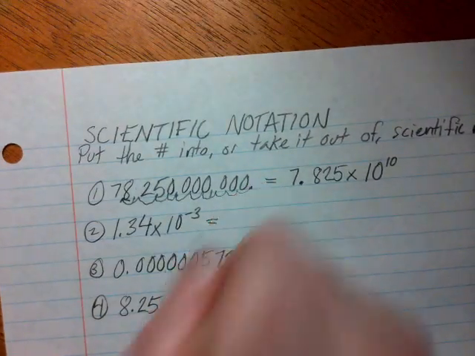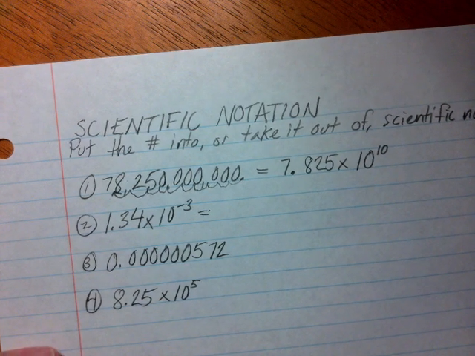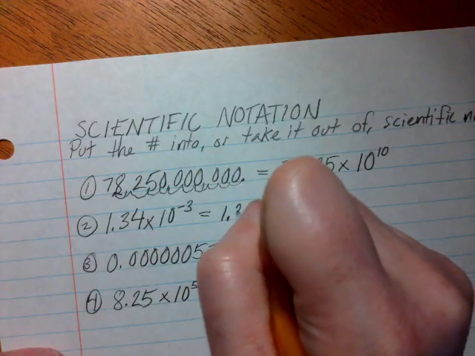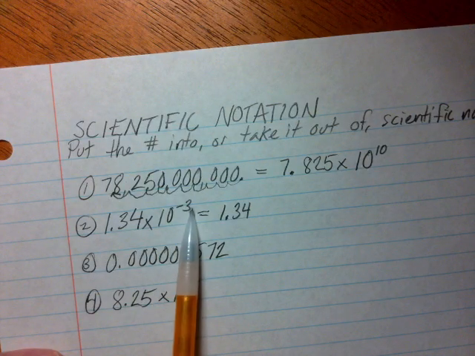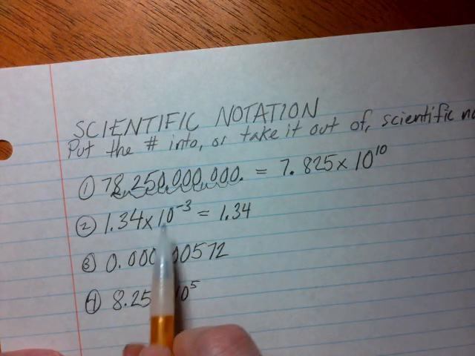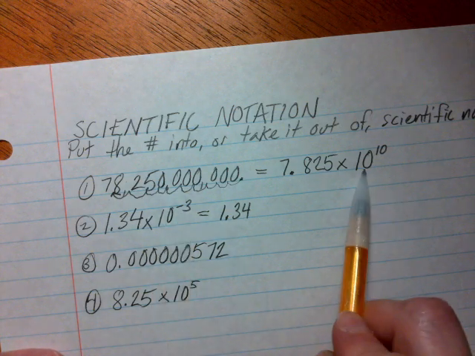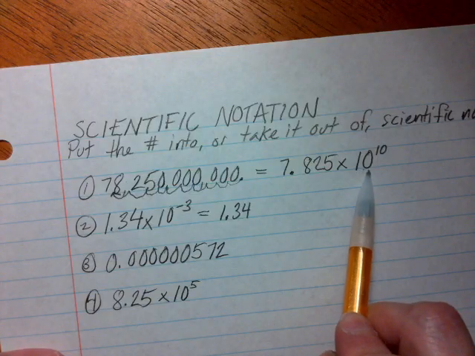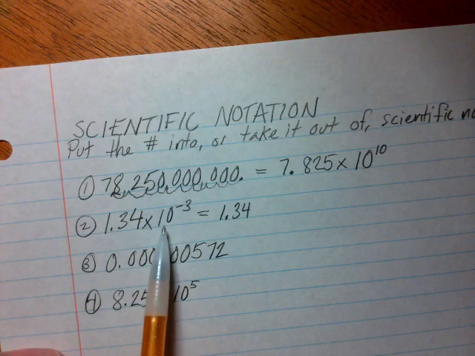So on this one, even though it's scientific notation, it's still the same rules of exponents that you've studied in other classes. So this really means 1.34 times 10 to the negative 3. Remember, negative exponent means if it was positive exponent, like this one, it means multiply by 10 10 times. Negative exponent means unmultiply by 10 3 times.